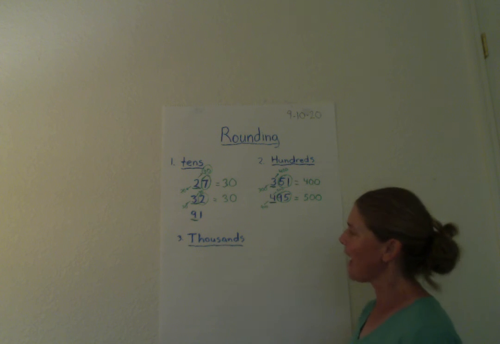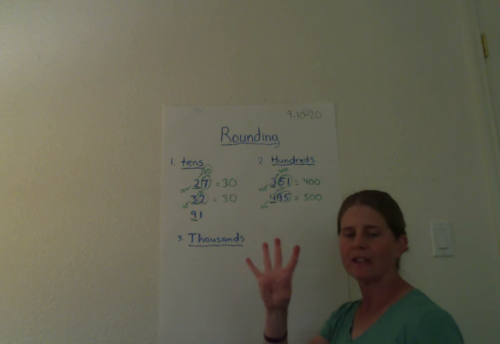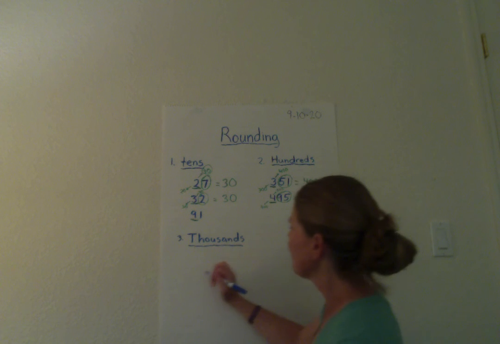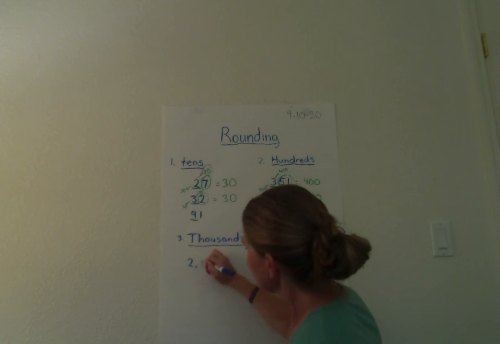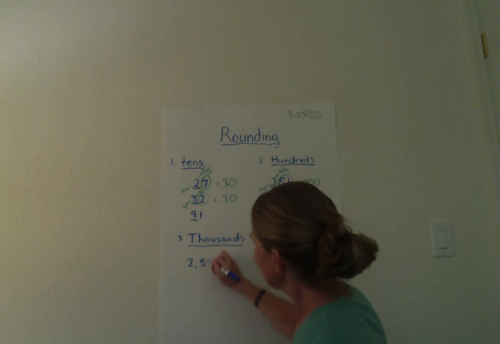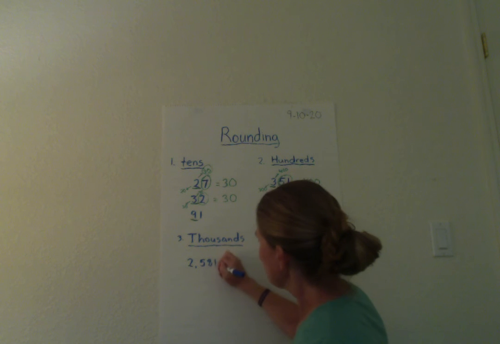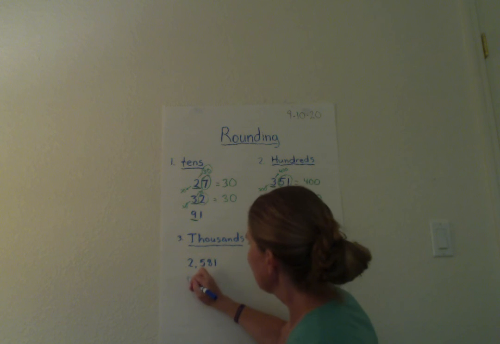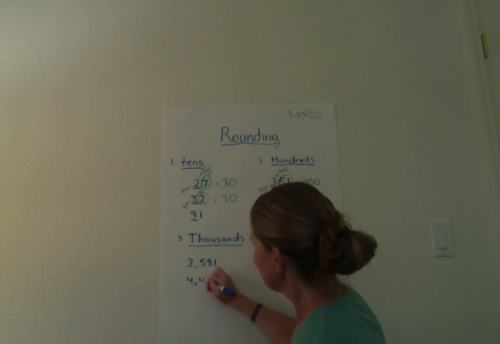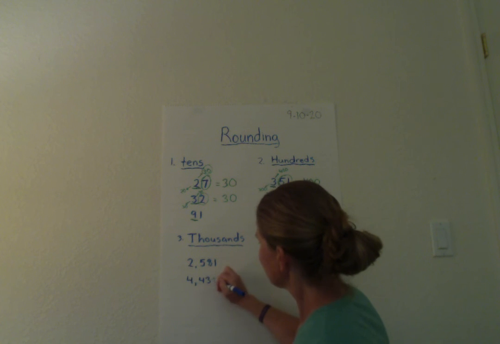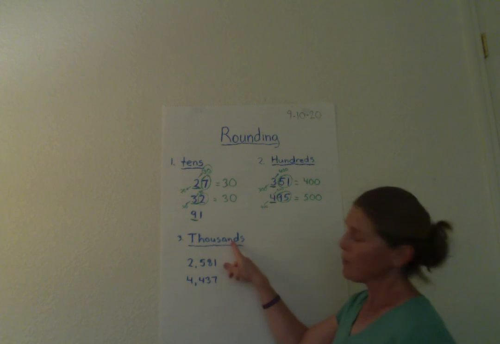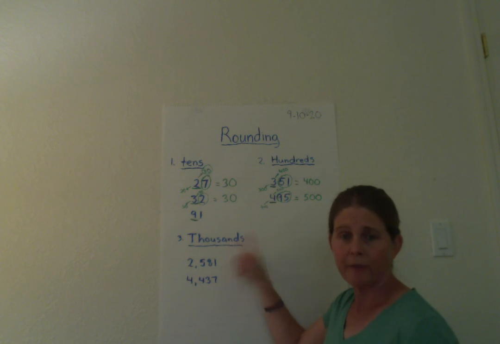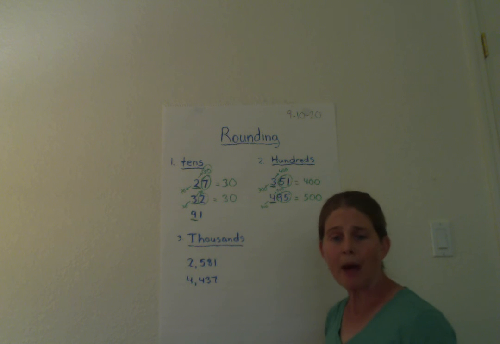So thousands, I know that there are 4 digits in the thousands place, so I'm going to put a couple of examples. 2,581, and 4,437.